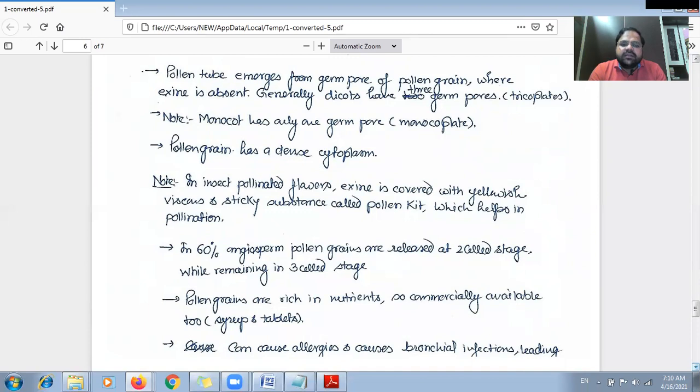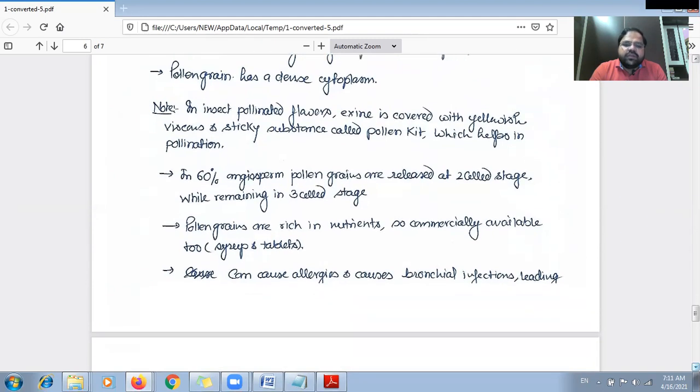That's why the pollen grain has the dense cytoplasm, so that the cells can get nutrition up to that time. In insect pollinated flowers, exine is covered with yellowish, viscous, sticky substances called pollenkitt, which helps in pollination. This is again one important point.